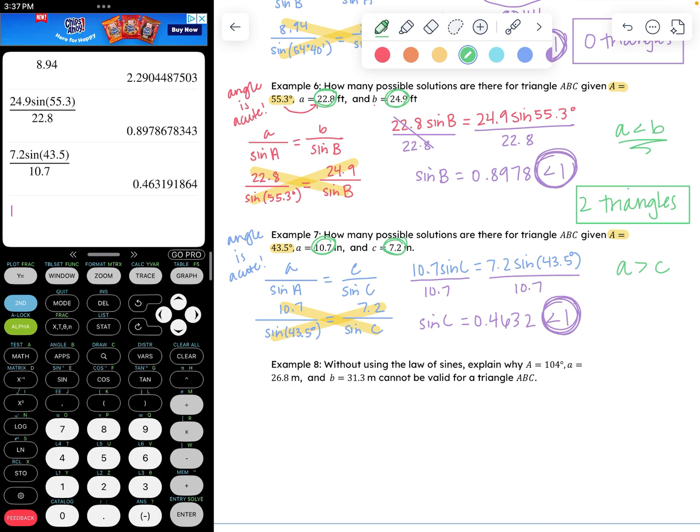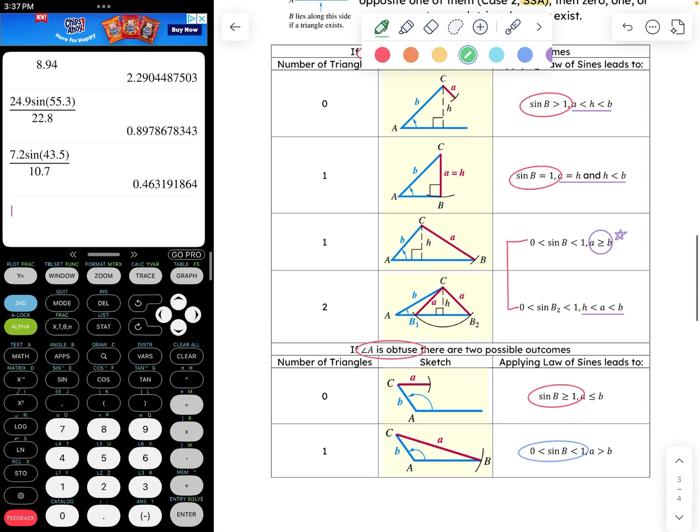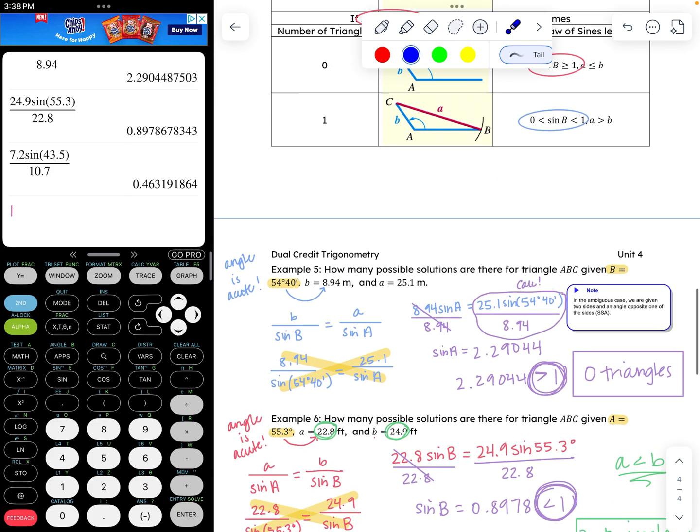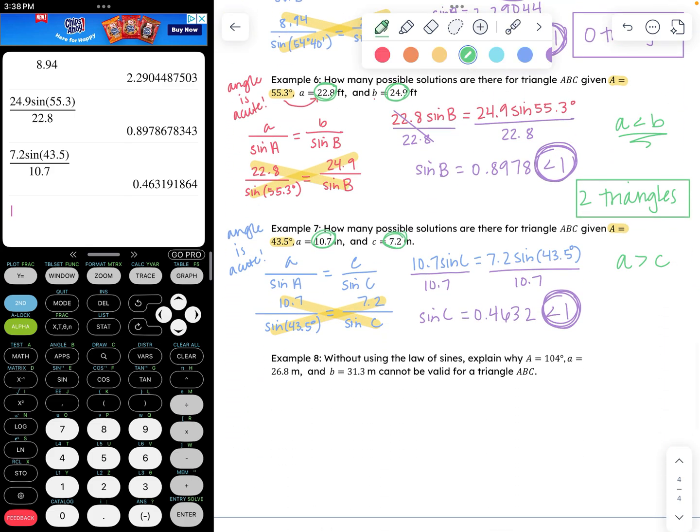So A is greater than C, which means instead of my 2 triangle option, this time it's 1 triangle. It's that one case where A is greater than or equal to B. So I've got 1 triangle.